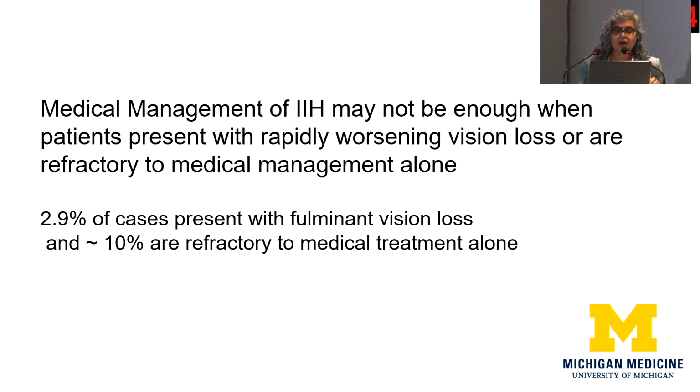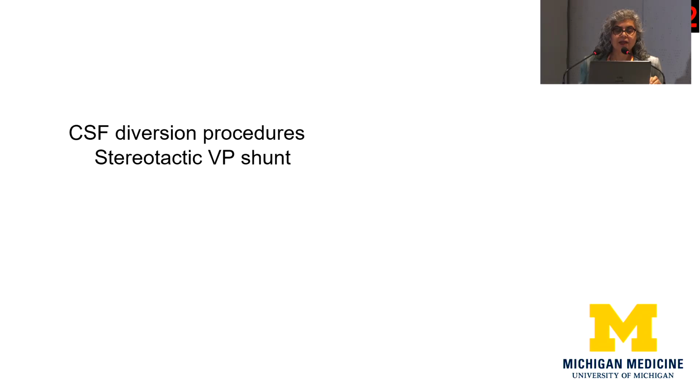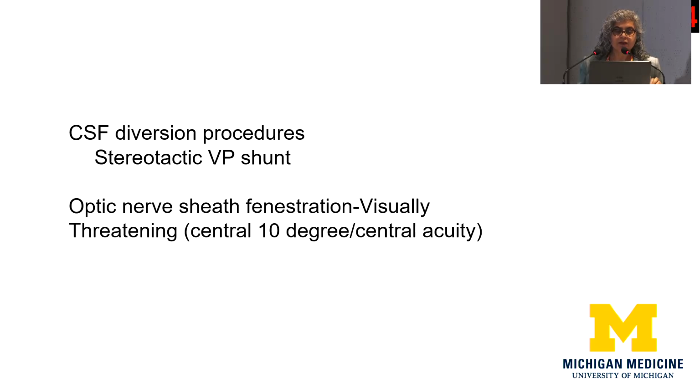There is the CSF diversion procedure, with stereotactic VP shunt as a preferred diversion procedure. There is optic nerve sheath fenestration, which is used primarily for patients who present with threatened vision. And the third option is venous sinus stenting.